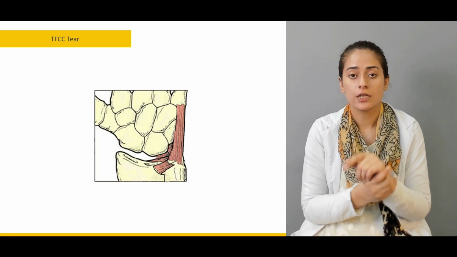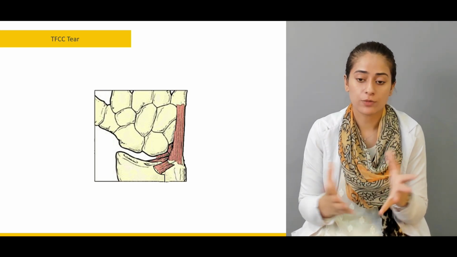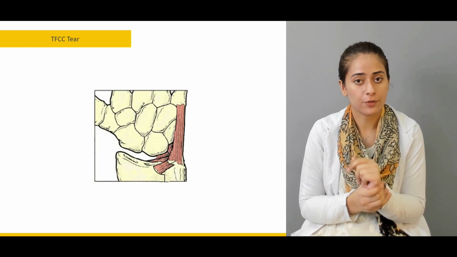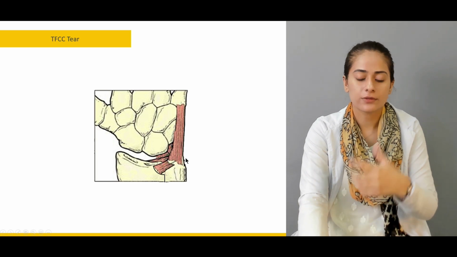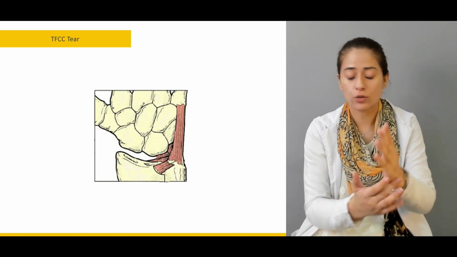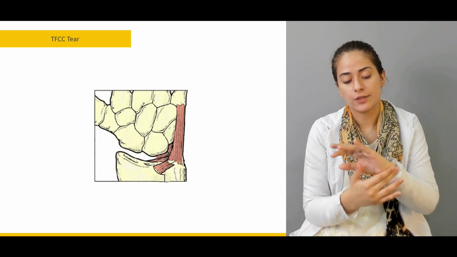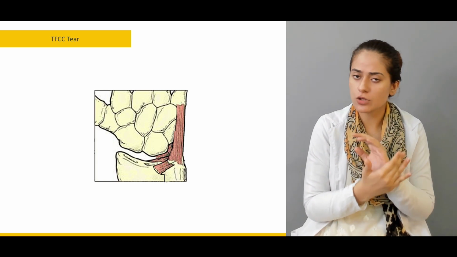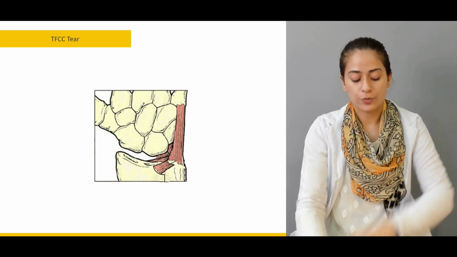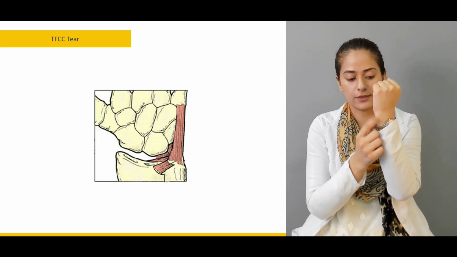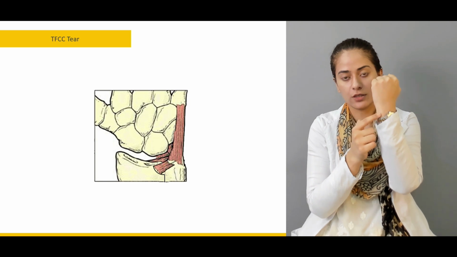Ulnar deviation will be almost impossible, because it will be very, very painful. And that is basically how it'll present. It'll also be presenting with some soft tissue involvement, like some swelling, bruising. So the bruise will be here. This is the place where the bruise will be.